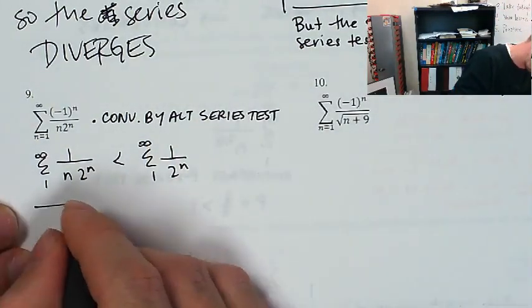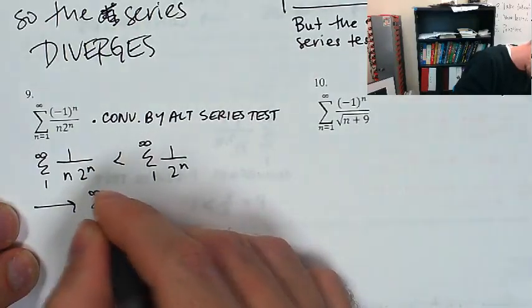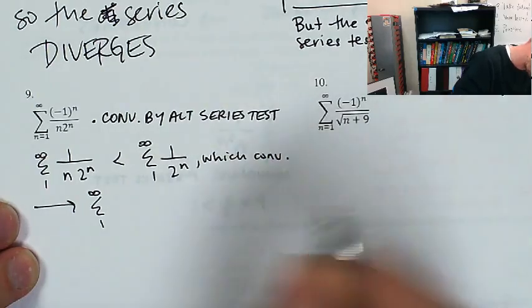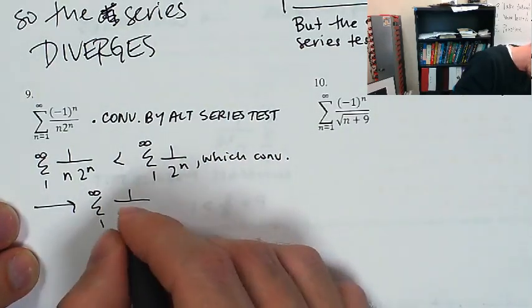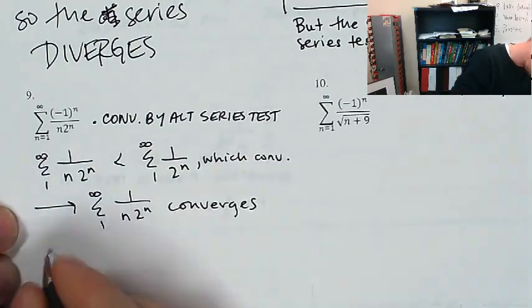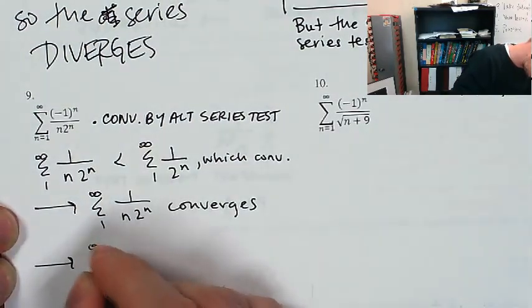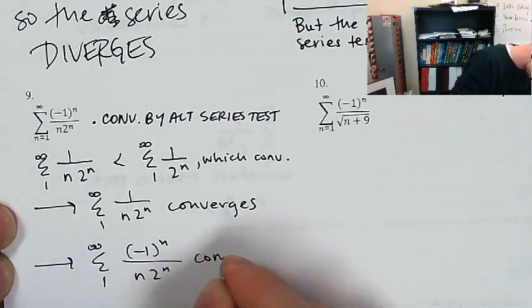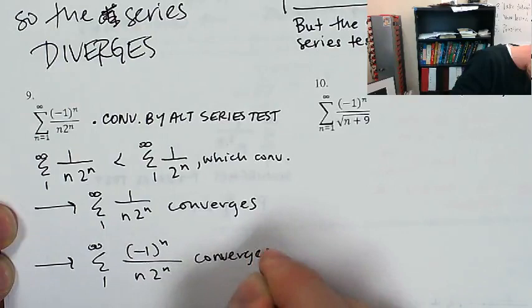So that means that 1 over n, 2 to the n converges, which means that -1 to the n over n, 2 to the n converges absolutely.